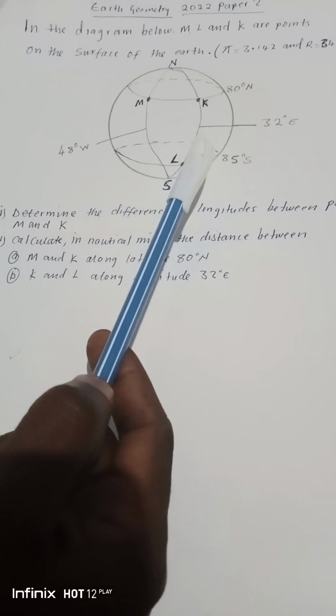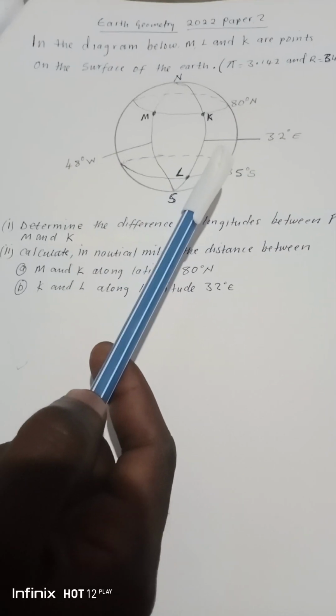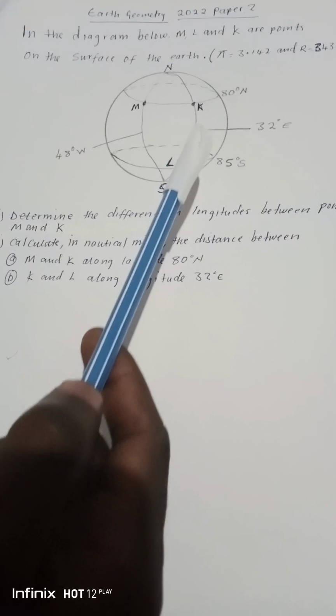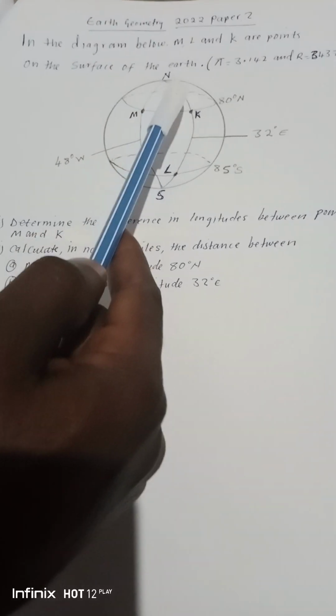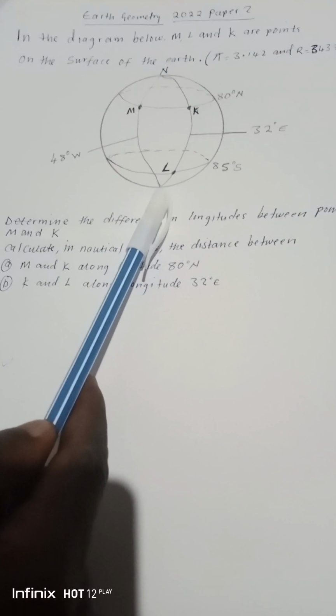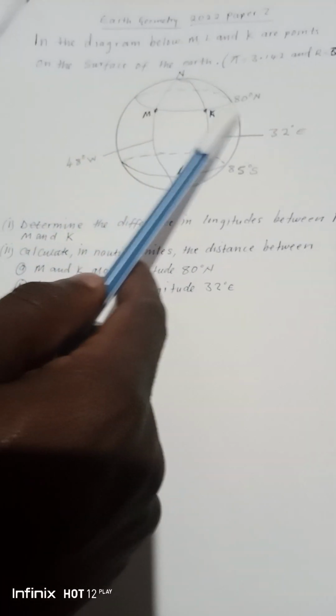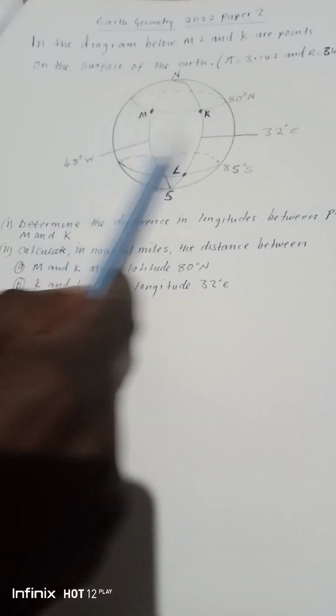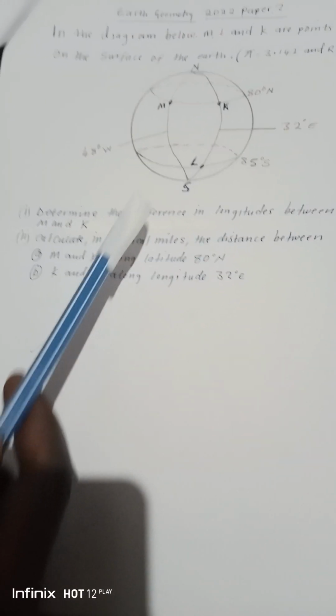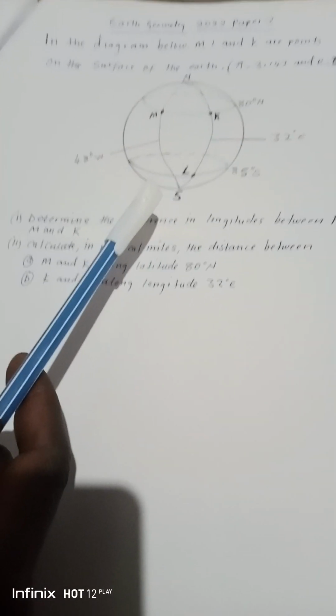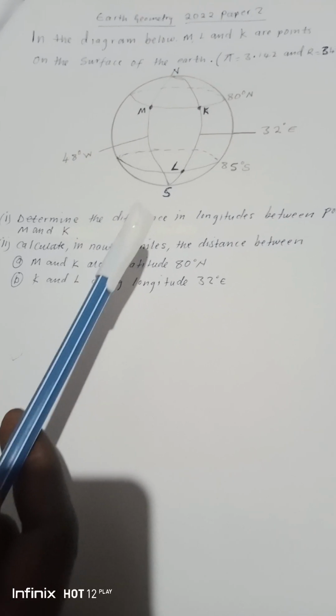Now when they say longitude, they are specifically talking about the lines that go through the north and south poles, and latitude, these are lines which are parallel to the equator, like these lines which go like this. Then these are longitude.